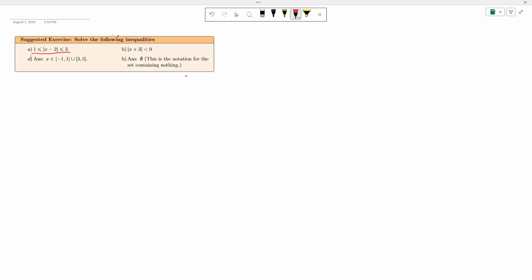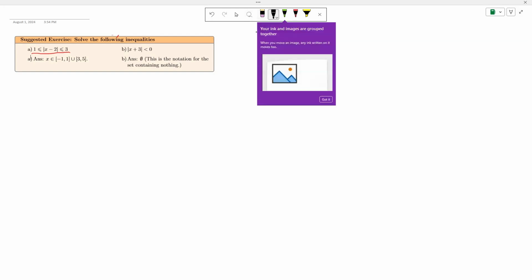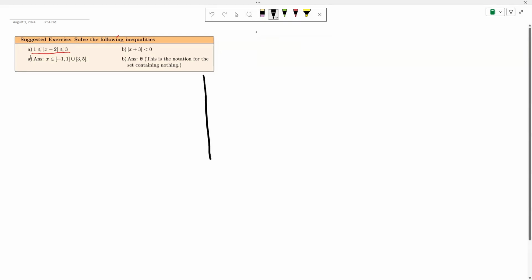But you can also do it the other way, where you split the absolute value function first and then split the multiple bounds. So here, what I'm going to do is start by splitting it into 2, and I'm going to give myself lots of space here. So I have absolute value of x minus 2 is less than or equal to 3.